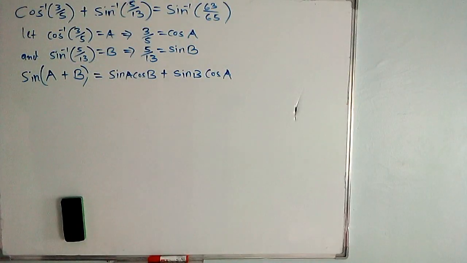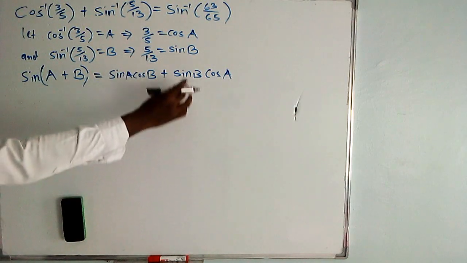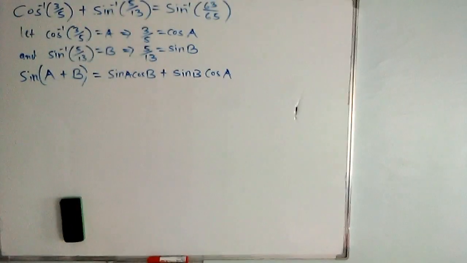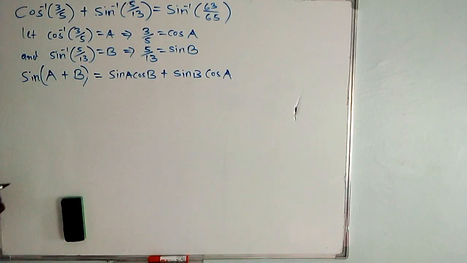So what do we need to determine? We need to find sine A, cos B, sine B, and cos A. That is when we are able to get sine A plus B, isn't it?